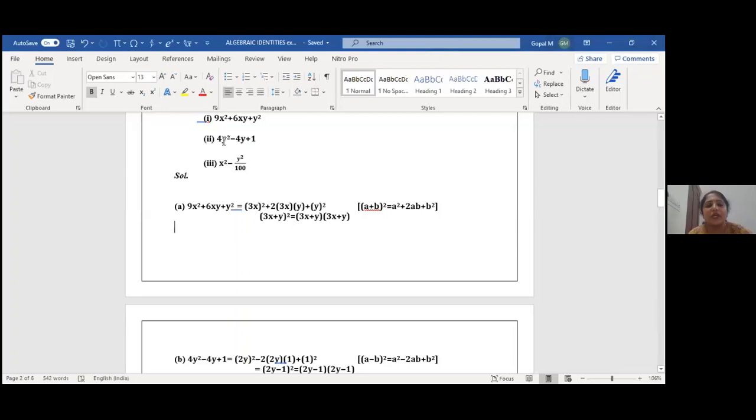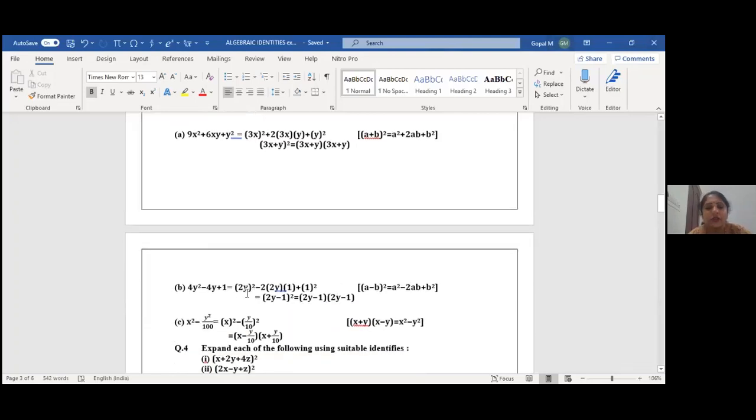Second question. See, 4y square, 4 is a perfect square of which number? 2. 4y square in the form of 2y whole square, and 1 square is 1 only. Am I clear, children? See here, in the form of 2y whole square and 1 square. We check the middle part. Since it is minus 4y, I'll check it as minus 2ab.